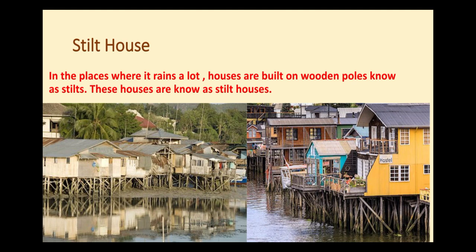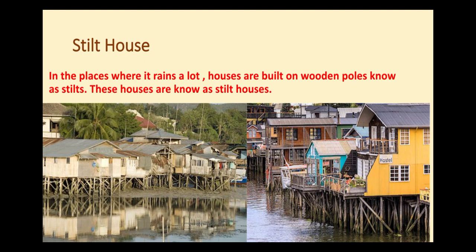If you look carefully, now, these wooden poles are called stilts. Okay? And what do we call these houses? These houses are called stilt houses. So, the houses that are built on wooden poles are called stilt houses.